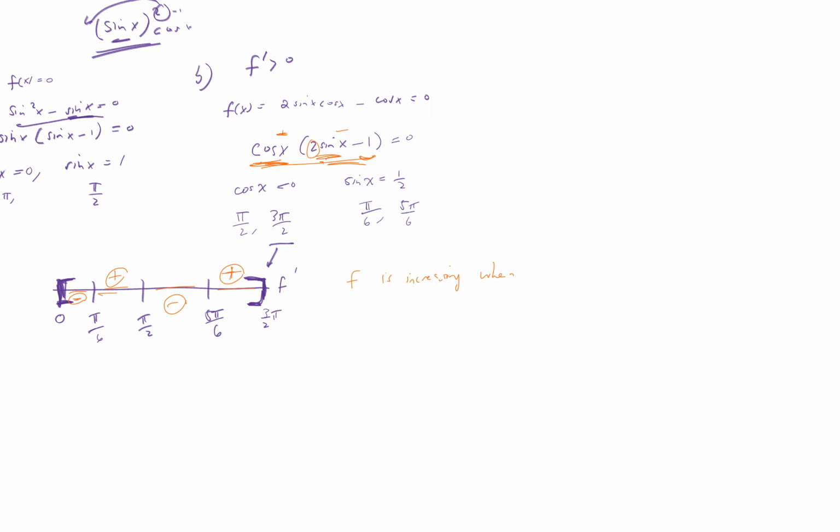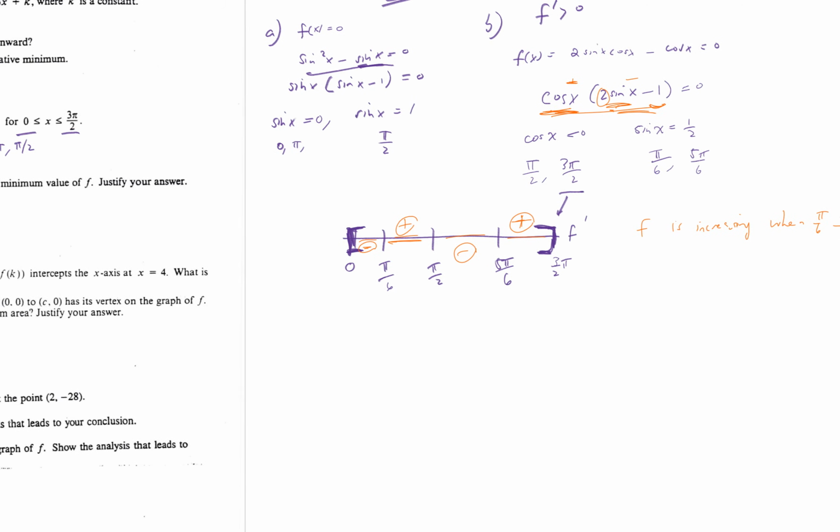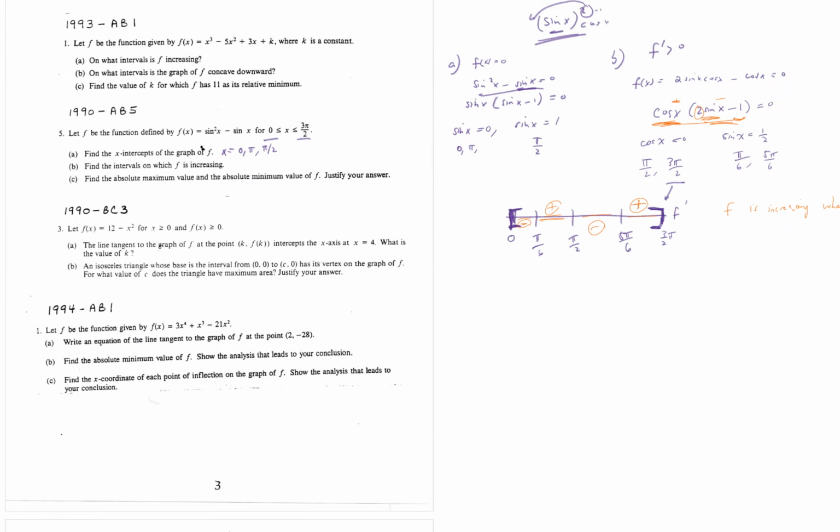Sorry, between these two. When x is between pi over 6 and pi over 2, or 5 pi over 6 and 3 pi over 2. Okay. And you're done with that one. That one's, the trig sucks, I get that, but it's not too bad.